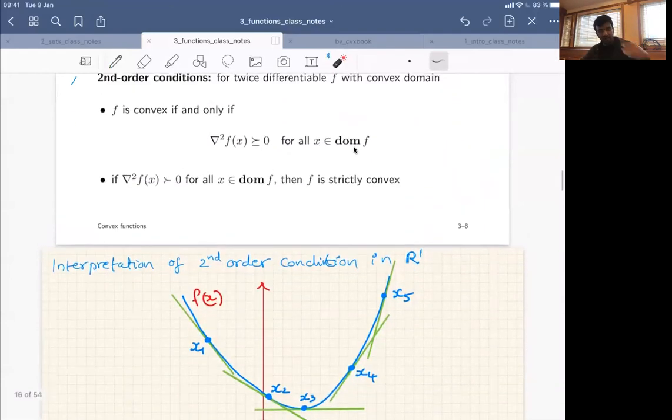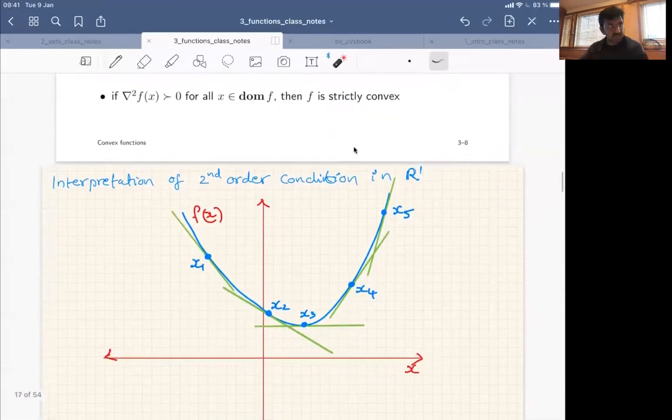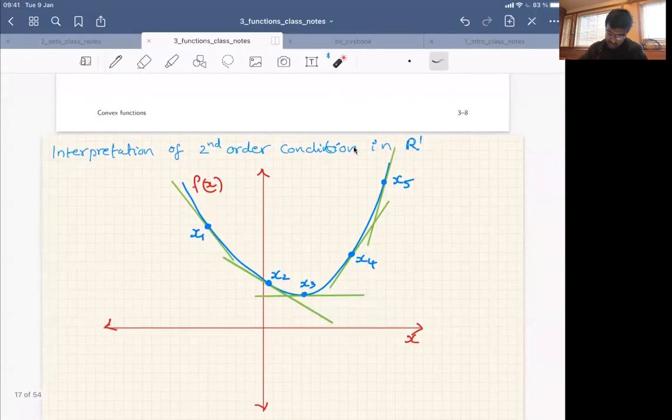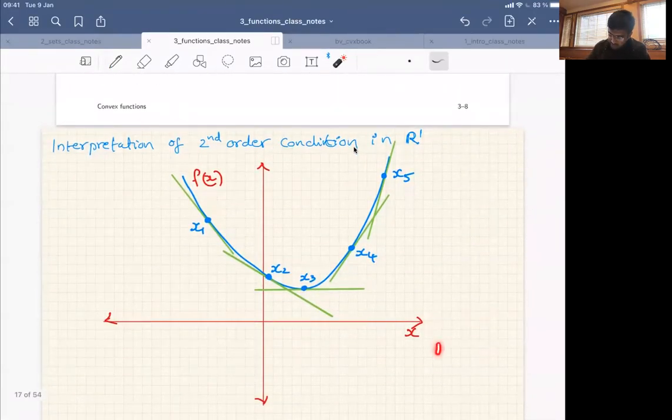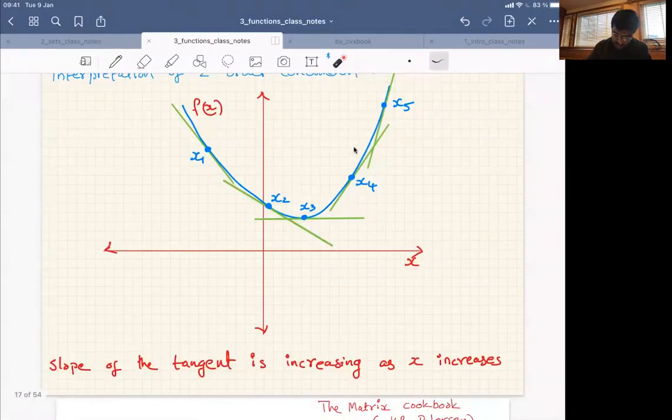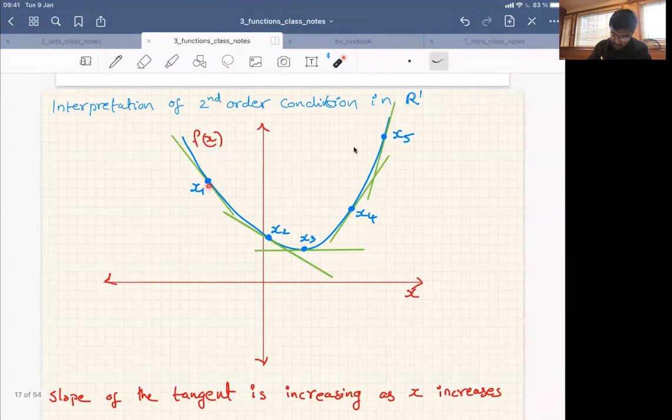One interpretation of this second order condition is, let's consider an example in R. You have a function like this. Now draw the tangents at different points x1, x2, x3, x4, x5. What will be the slope of the tangent?